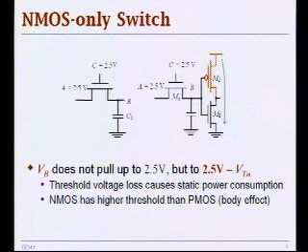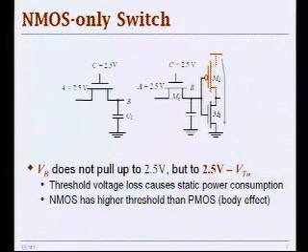Okay. As you can see in the slide, if it's driving this inverter here, notice that when the input of the inverter is VDD minus VT, or in a normal inverter, when the input is high, the NMOS should be strongly on, while the PMOS should be off, as strongly off as possible.